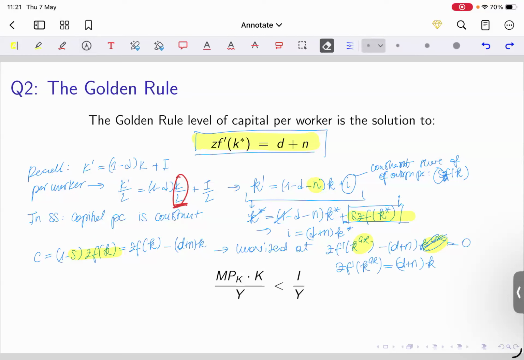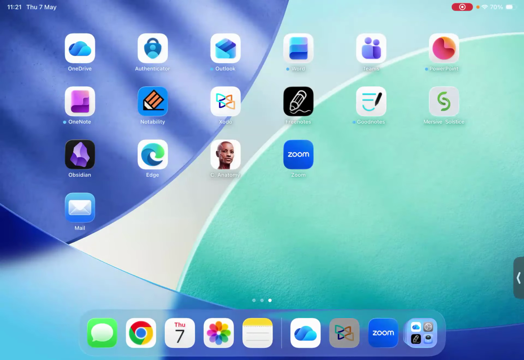You don't have this term, just d plus n here. This is your golden rule. You know that the capital level that satisfies this is your optimal level. How do you go from here to there? What is going on here?